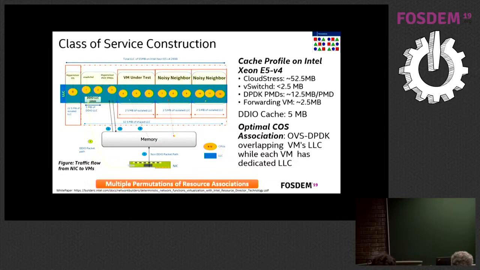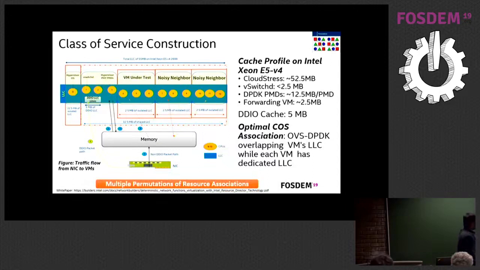Let's look at packet flow in a simple platform. You have packets coming in from your NIC and copied to the memory, and then your vSwitch is classifying a destination, and then they're copied onto the memory space of the VM that you're forwarding to. So you have these memory copies going on, but what if you take the DDIO path, the data direct IO path?